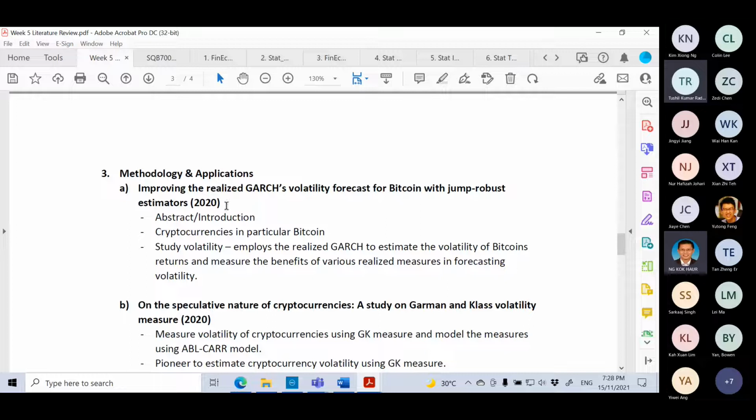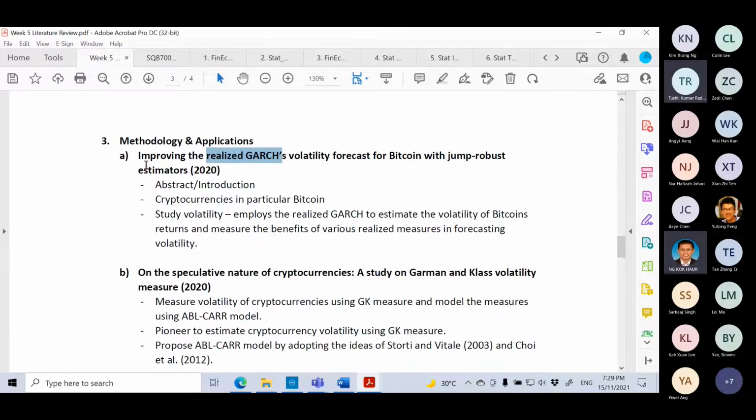This paper is not published in statistics, but they also include a certain component in the model itself. This realized GARCH model is the existing model, and they include this component estimator inside the model so that they can improve the volatility forecast for Bitcoin.